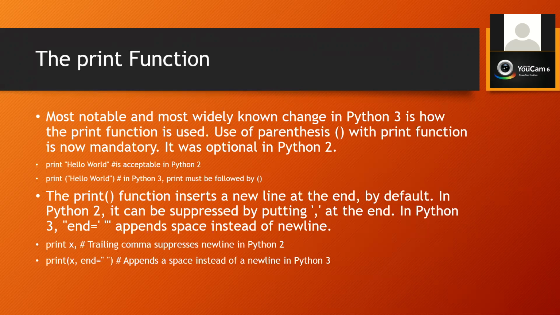I don't have Python 2 installed, so it is the 3.x version. If you have that version, you can check it out. It prints x comma, and next it will print on the same line. But in the 3.x version, we are using end equals.